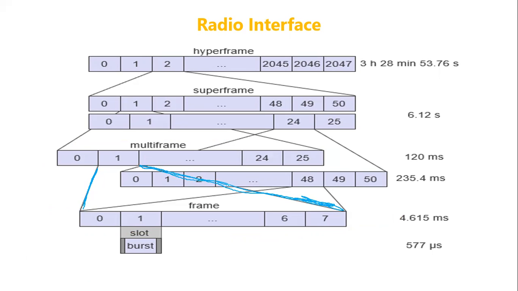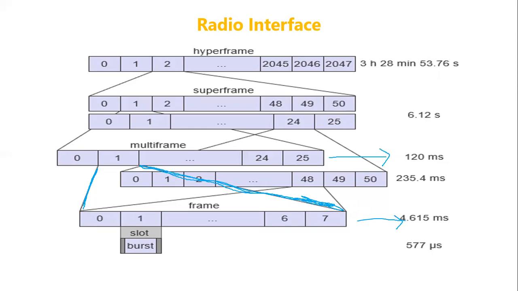So like that, there are how many frames? There are 26 frames. So 26 frames put together form one multi-frame, and the frame duration is 4.615 milliseconds. So the 26 frame duration is 26 into 4.615, which is 120 millisecond.